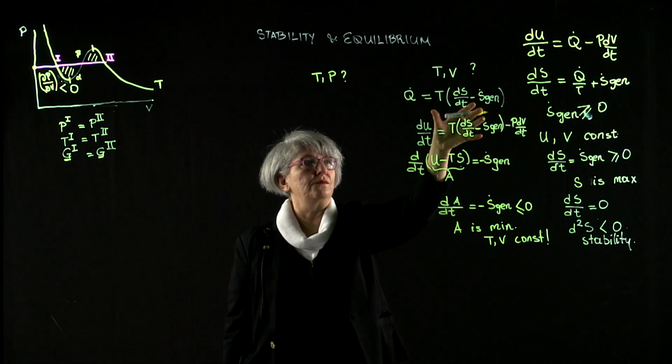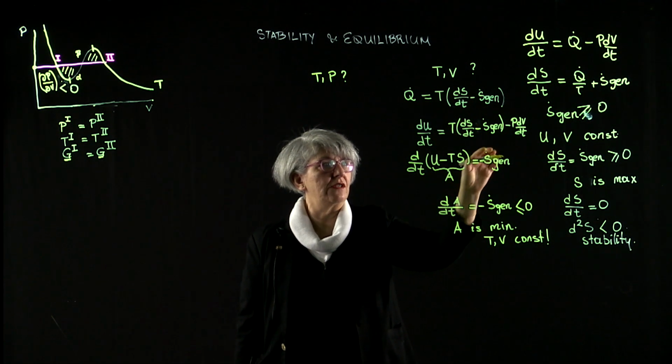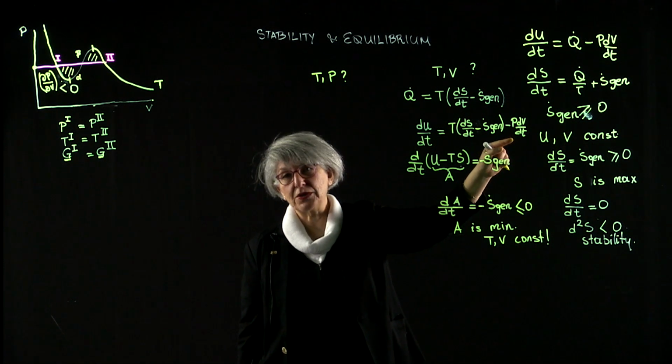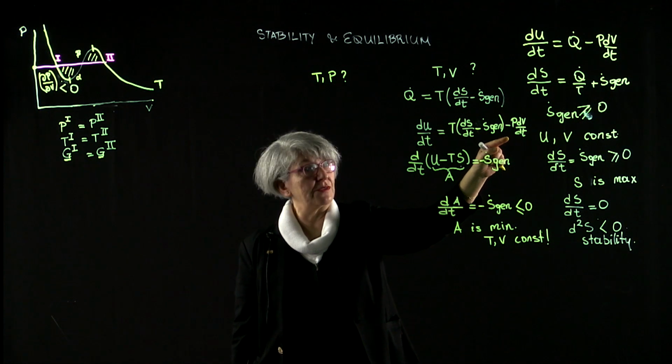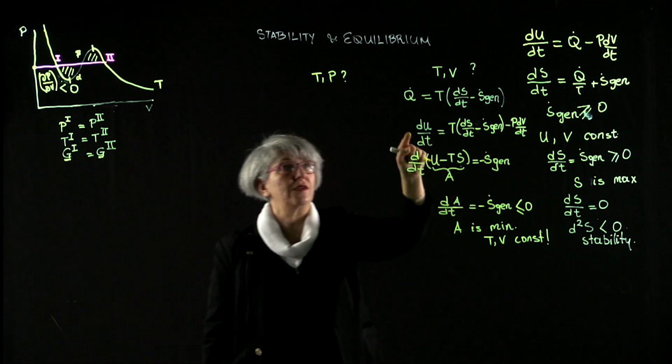Temperature and volume constraints led to this equation by dropping this term. But here I'm going to keep the pressure constant along with temperature. Therefore, I don't have to drop this term out of this equation.